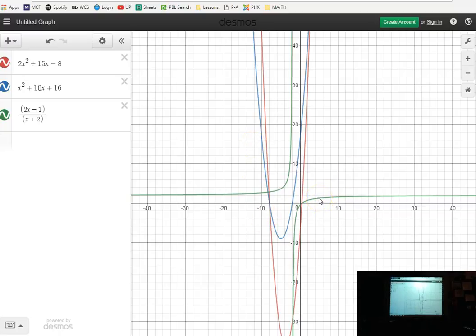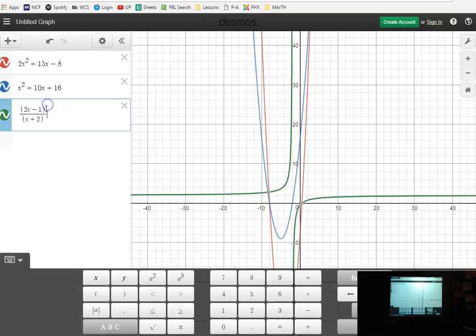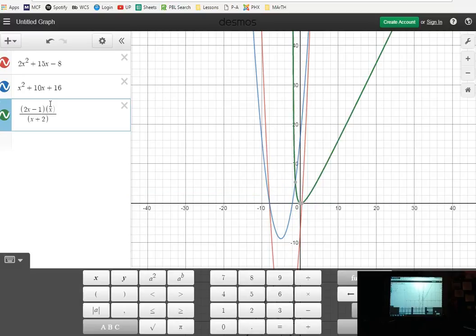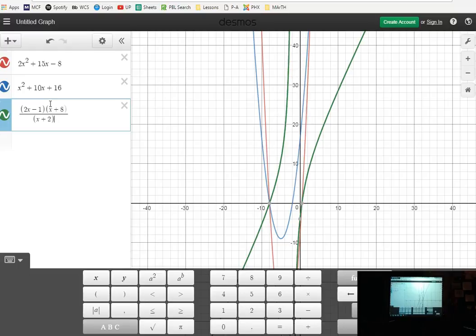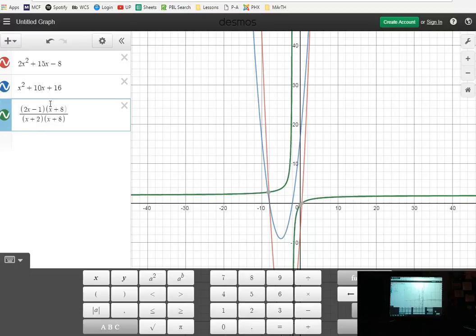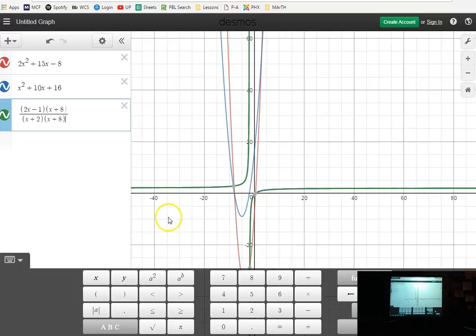Cal? What would happen if you graphed it with the x plus 8? So, what's your prediction? Because if I do the same thing on the numerator as I do on the denominator, it should be the same, but x plus 8 is now our thing. Whoa, nothing happened. It's boring.